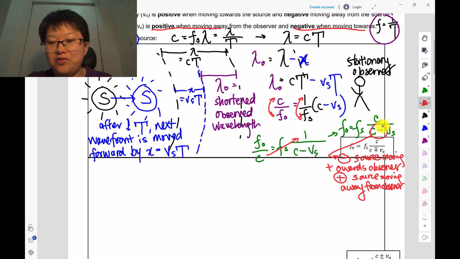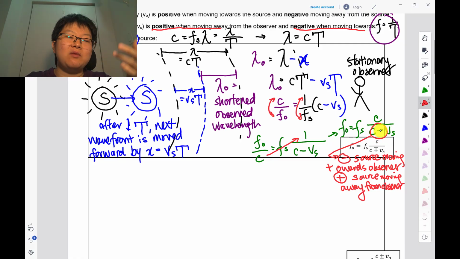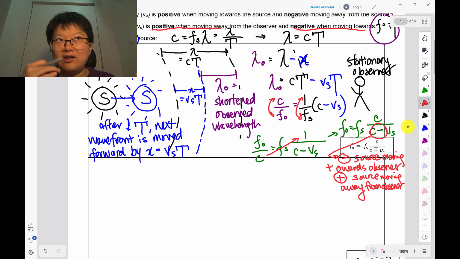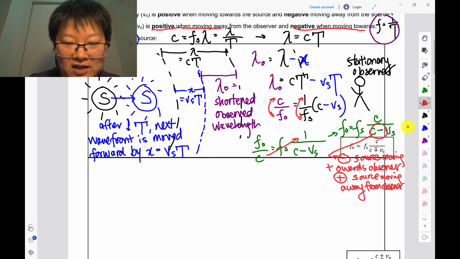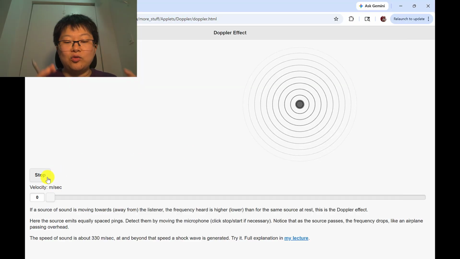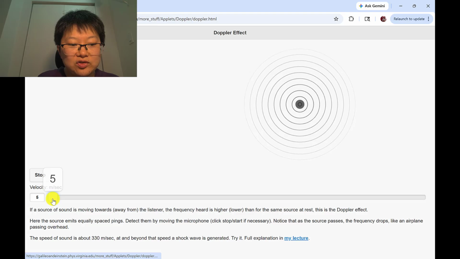On the other hand, if you're adding a number, your denominator gets bigger, then your whole number gets smaller. So this is what I do when I do these questions: I don't memorize the plus and minuses, I just look at what makes sense. And that goes back to the imagery of what the wavefronts look like when they're moving towards and away.